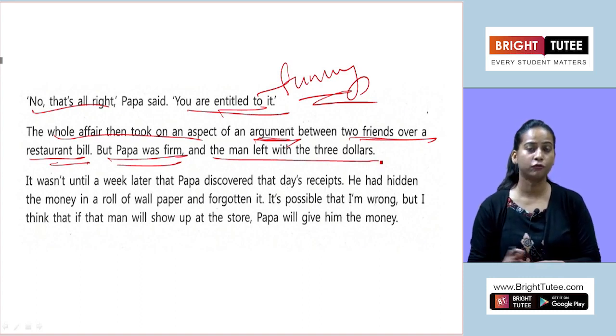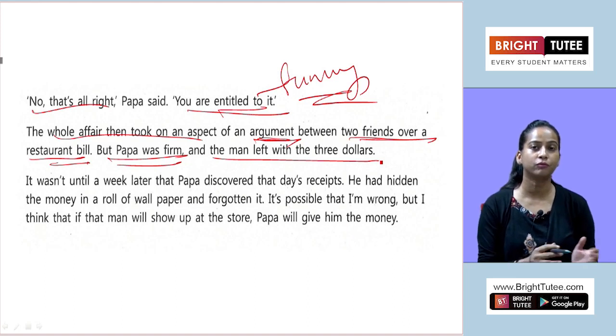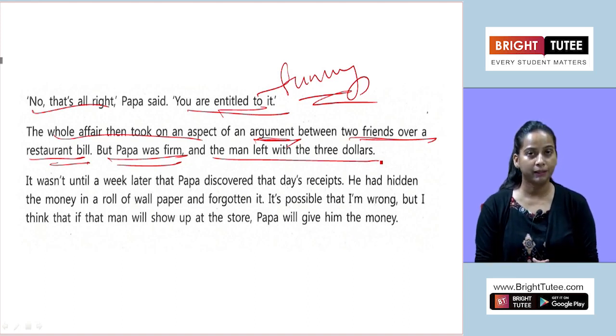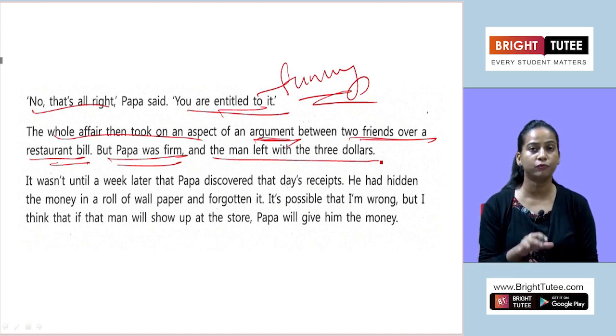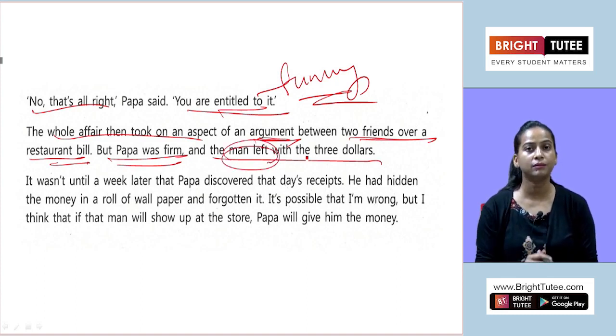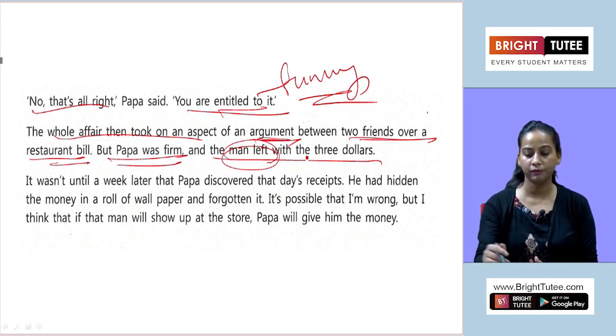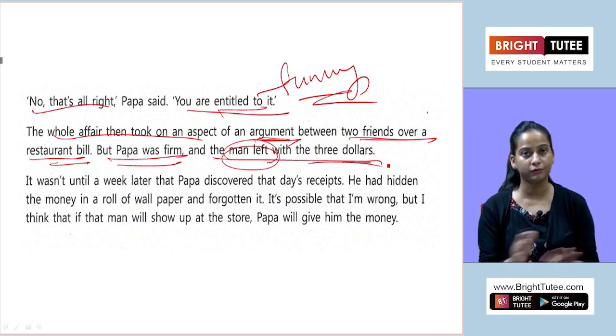Because Papa was not ready to take back his dollar, which were taken by the men in the beginning, and ultimately, because the Papa was very firm and determined, he did not take it back, and finally the men who came there for robbery went away with the $3 after an argument between these two.